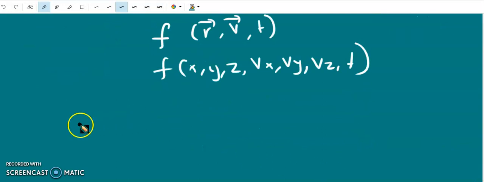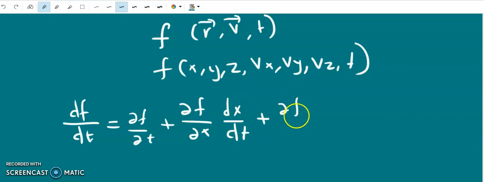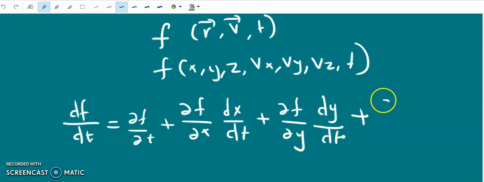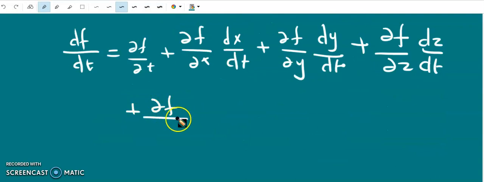The total derivative df by dt we can write in terms of partial derivatives, as you have studied in mathematics. Since it is a function of 7 variables, df by dt can be written as dou f by dou t plus dou f by dou x, but this x is a function of t, into dx by dt, plus dou f by dou y into dy by dt plus dou f by dou z into dz by dt, plus the next term is dou f by dou vx into dvx by dt.